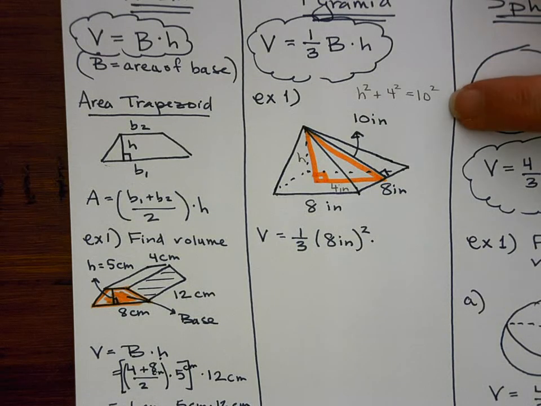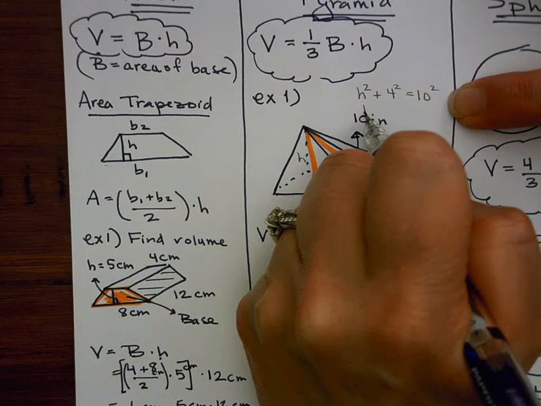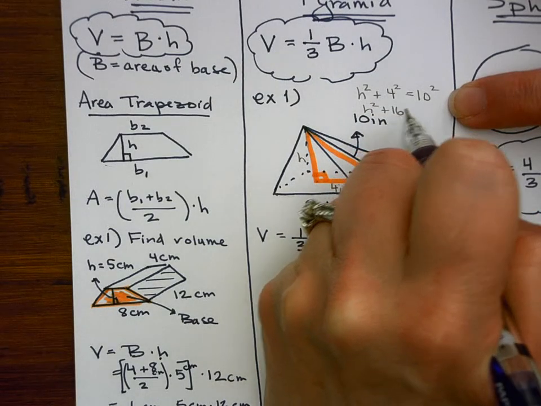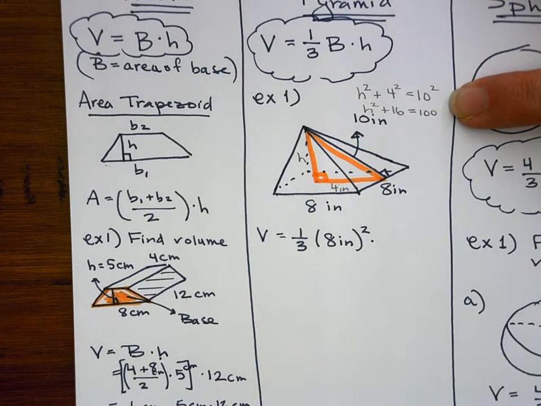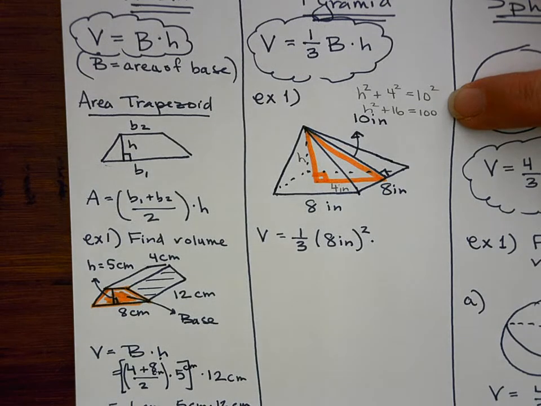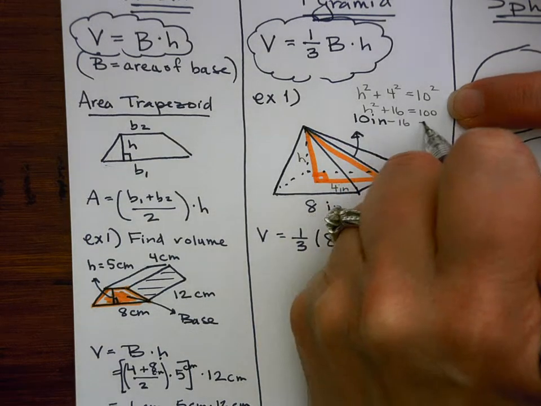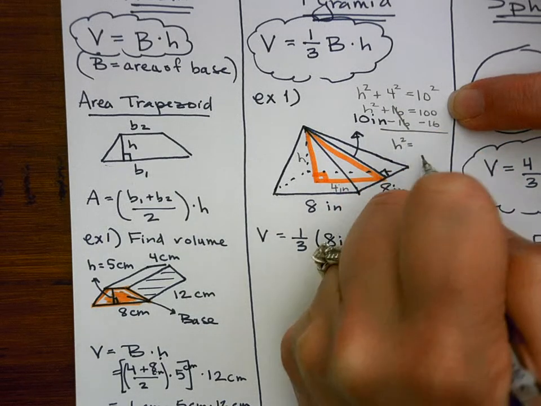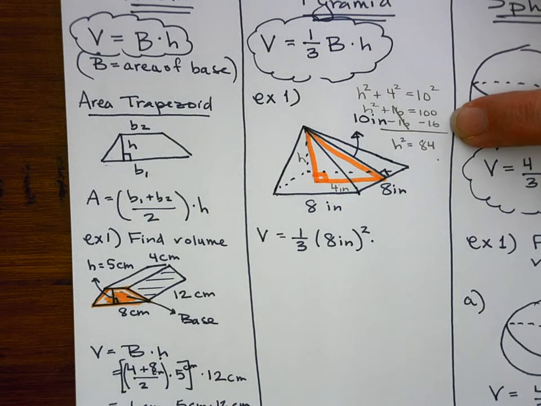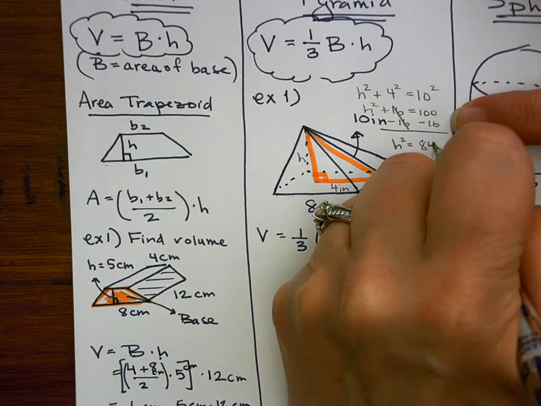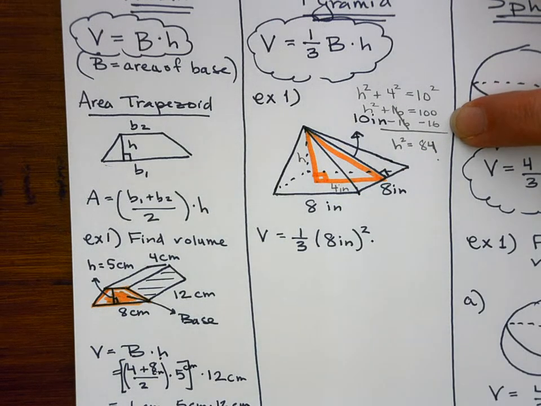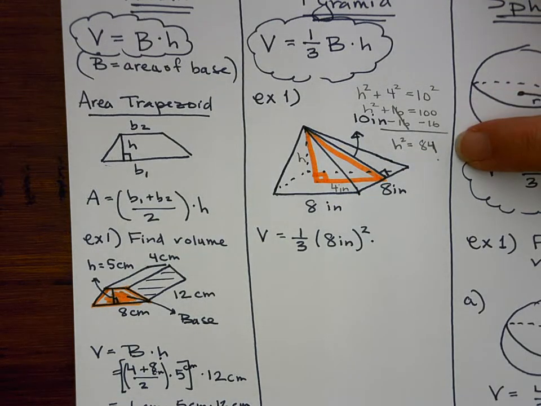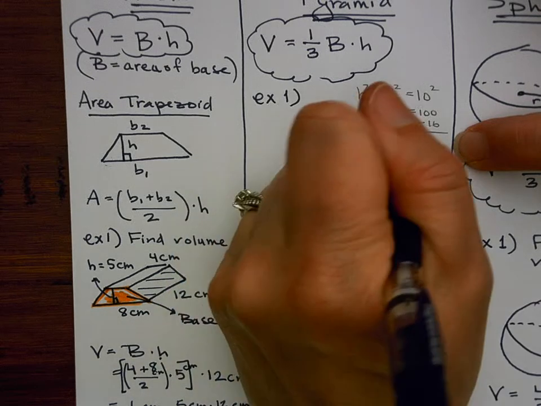So I know 10 squared is 100, and 4 squared is 16. And then to get h by itself, I'm going to subtract 16 from both sides. And then to get the square off of the h, I'm going to square root.